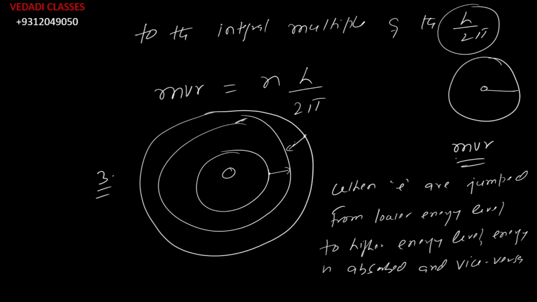So what is the meaning of vice versa? If the electron jumps from a higher to a lower energy level orbital, the energy will be released. So this thing you should keep in mind. And here we use the term delta E is equal to E2 minus E1. This is the change in energy.